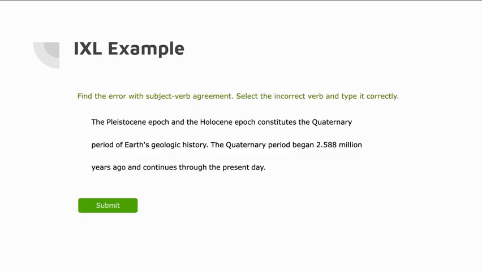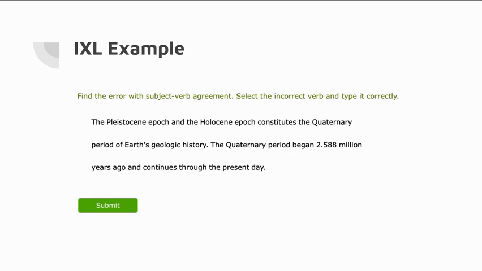Let's take a look at what IXL will ask you to do. They would like you to find the error with the subject-verb agreement, and you're going to select the incorrect verb and type it correctly. So the first step that you want to take is to identify the subjects and see if they are connected with the word and or or.